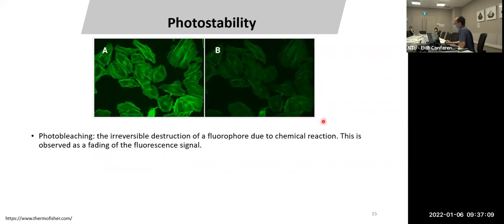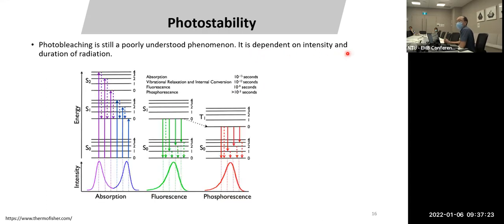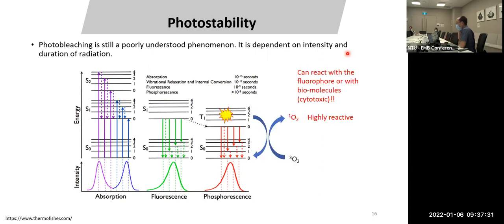So what exactly is this photobleaching? What is this chemical reaction? In fact, photobleaching is poorly understood. We know it's dependent on the intensity and the duration of radiation. But a very popular or accepted mechanism is based on this principle.